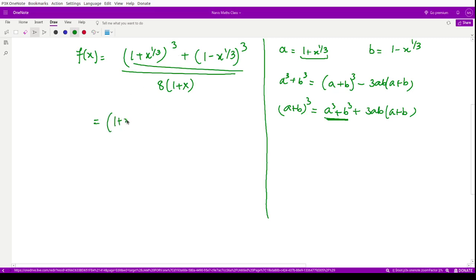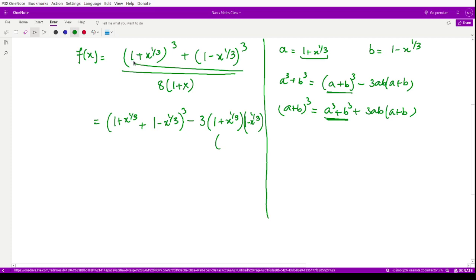So in place of a cube plus b cube, we write: (1 plus x)^(1/3), this is your a, plus b, which is (1 minus x)^(1/3), whole cube. This is the first term. Then you have minus 3 into a, (1 plus x)^(1/3), times b, (1 minus x)^(1/3), multiplied by a plus b.